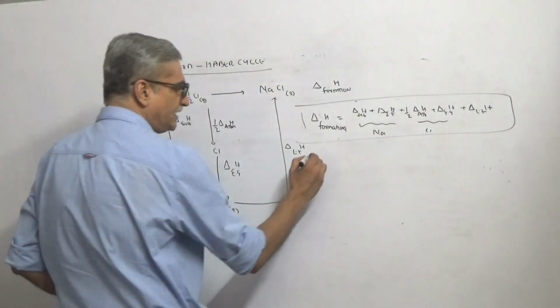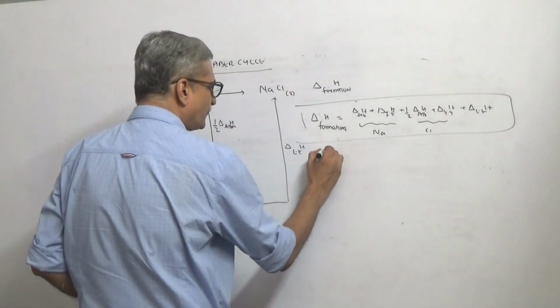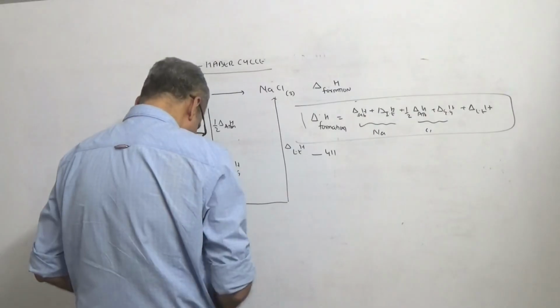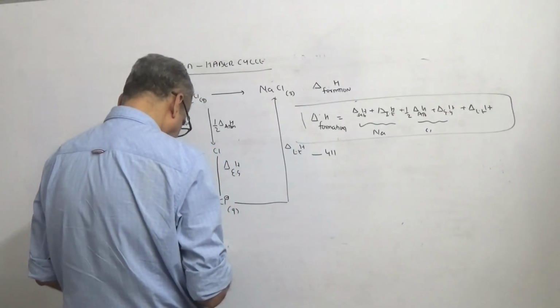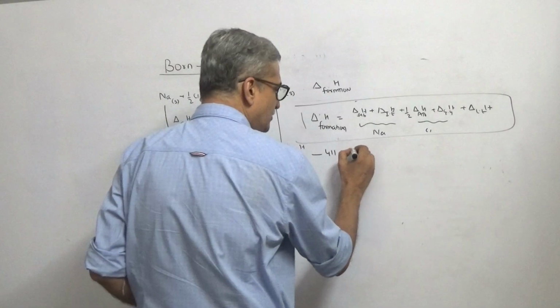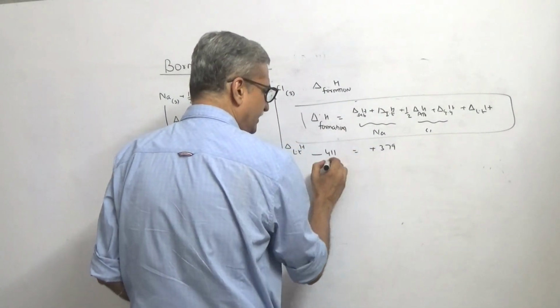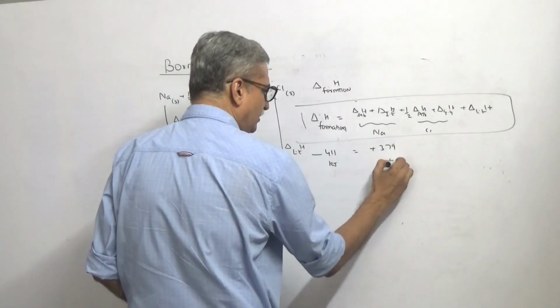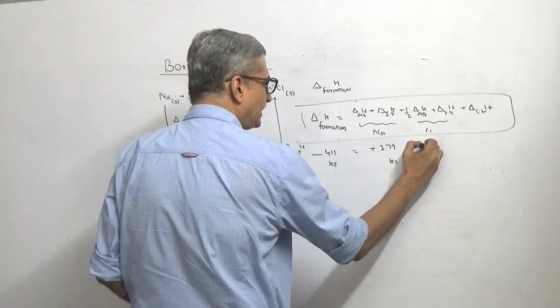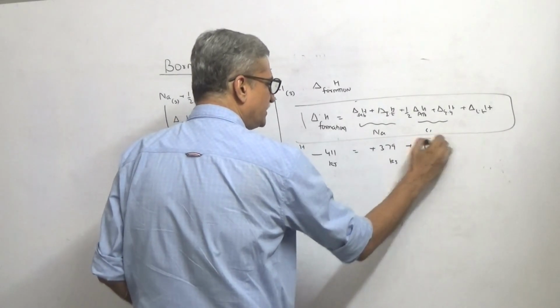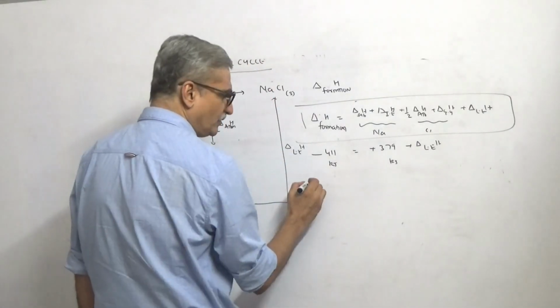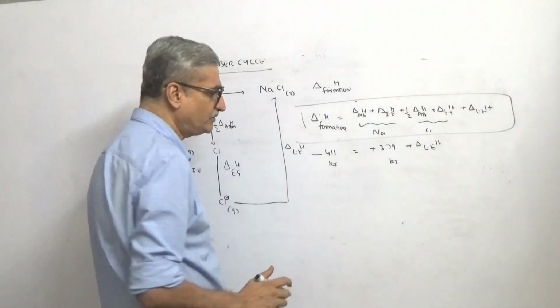Delta formation H was minus 411. How much was all this? This was equal to plus 379 kilojoule per mole, plus delta lattice energy H. So if I take this over here, I have added all this, I am not giving the values.